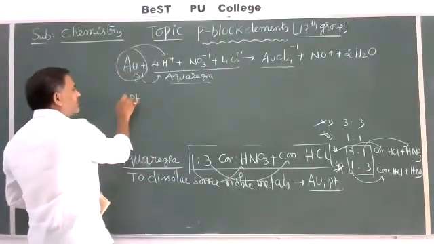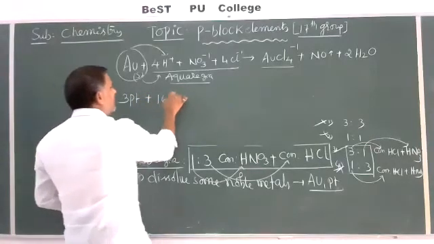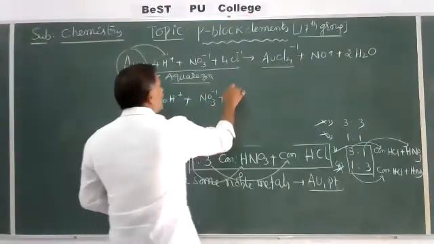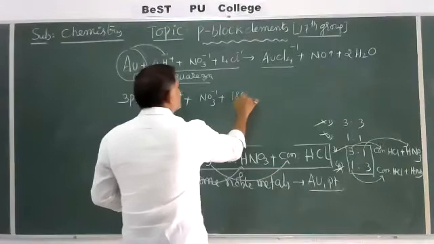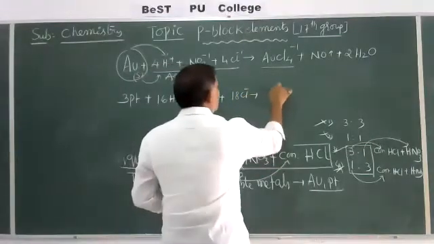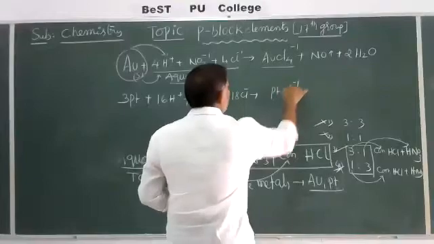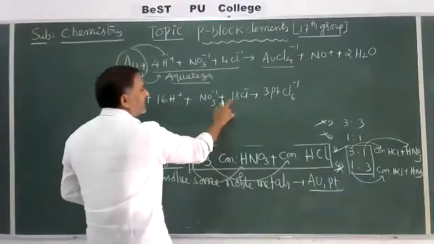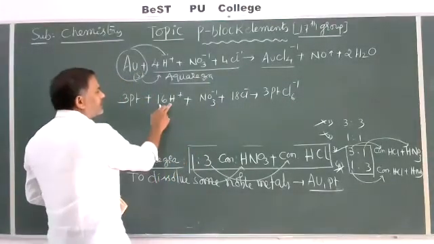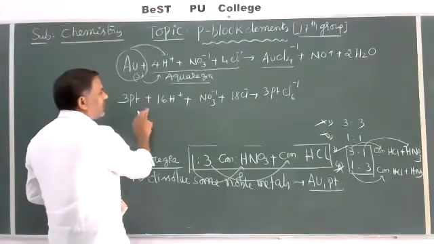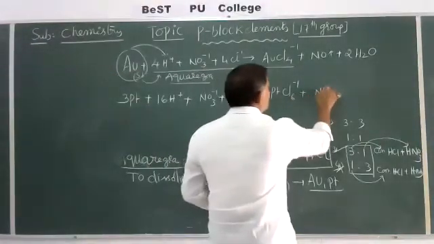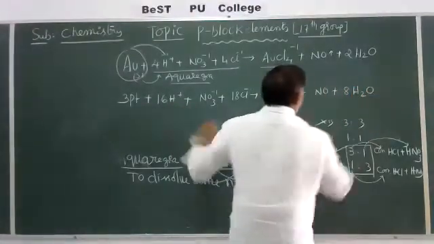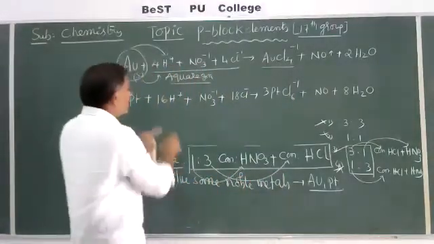Similarly, platinum: 3 moles react with 16H+, NO3-, and 18 Cl-, giving PtCl6 2-, here 3 moles. 3 times 6 is 18, that's why 18 Cl- balances. Here 16 H+ and platinum are required, and NO gas is produced, plus 8 H2O water is formed because of 16 H+.